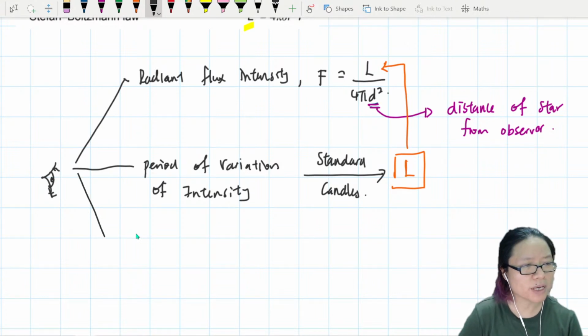Based on what we have uncovered just now, we can measure lambda max of the light from stars.